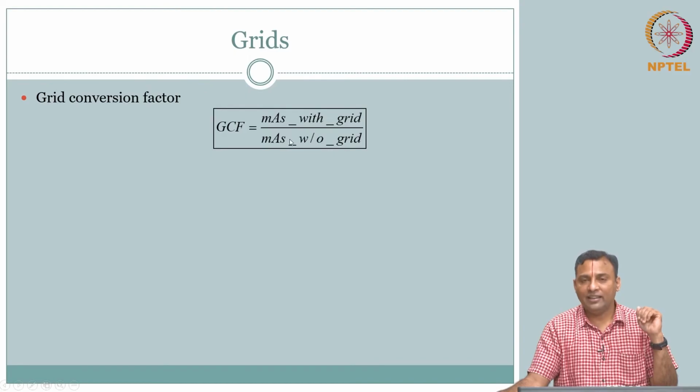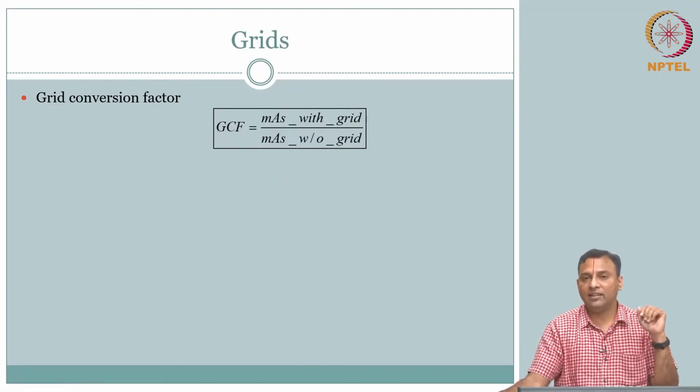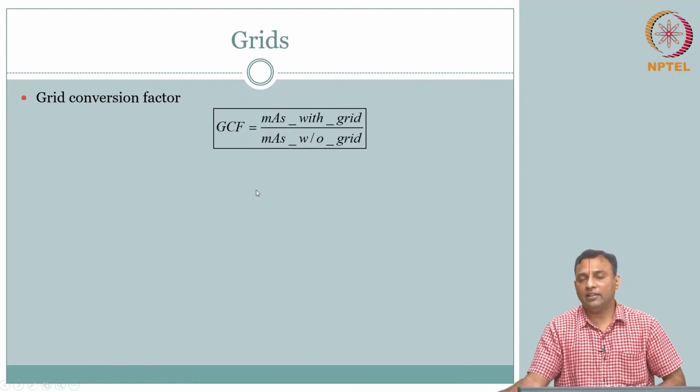If you have the grid, you may want to increase the signal, otherwise you are losing the signal also. So, this grid conversion factor tells you how much you should increase the exposure if you have the grid compared to when you do not have the grid, to compensate for the loss in the signal and of course the reduction in the noise. Typically a grid conversion factor is about 3 to 8.